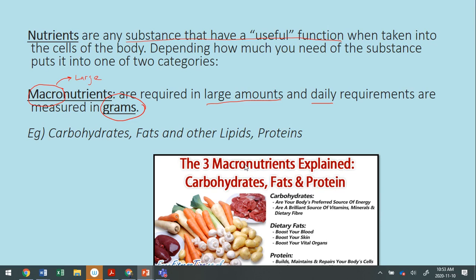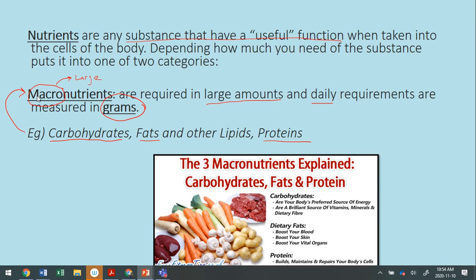So if you're a 200-pound elite hockey player, you should be eating about 200 grams of protein in a day. Okay, and that's a lot. Fats fall into this category, proteins as well as carbohydrates. So carbs, fats, and proteins all fall under the category of macronutrients.